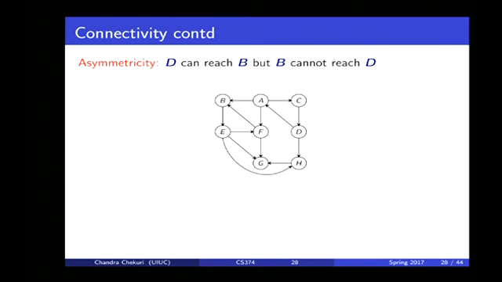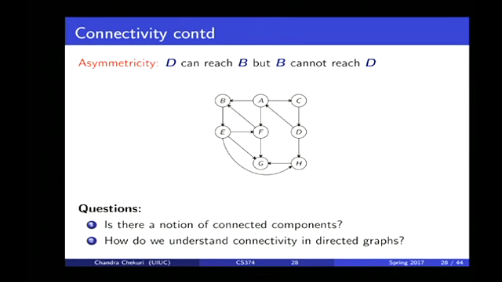It is more subtle. You can't immediately tell what's going on, because the reachability relationship is asymmetric. So there is a nicer way to think about directed graphs.